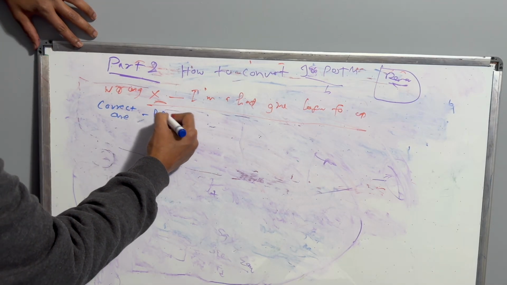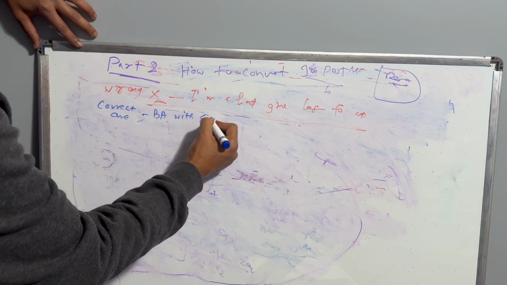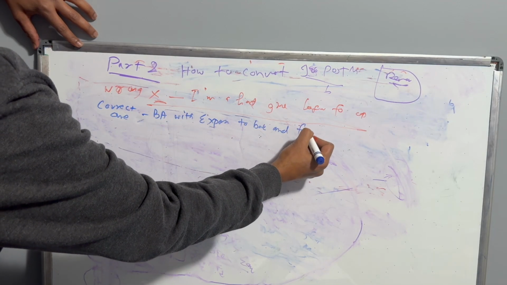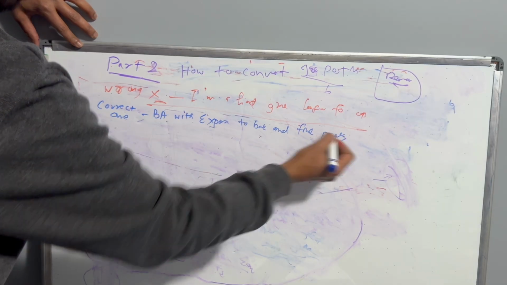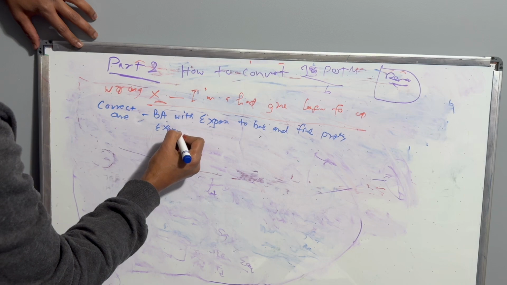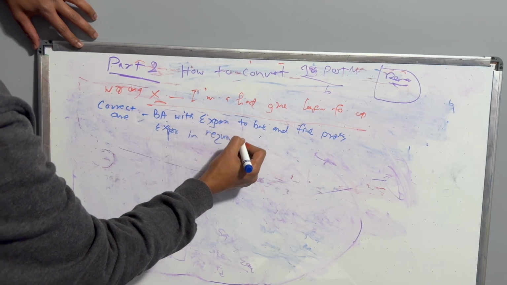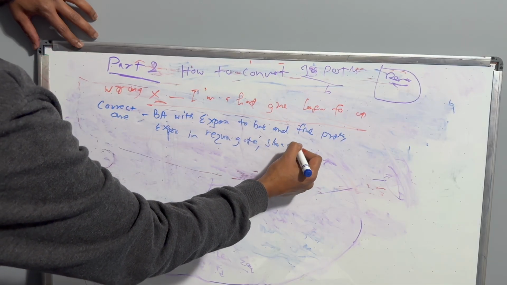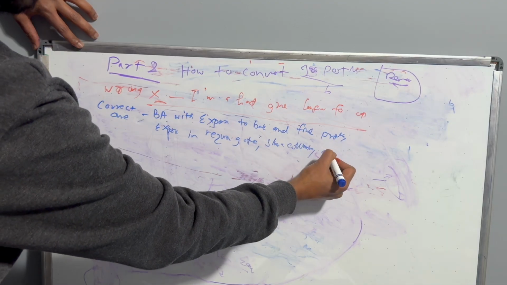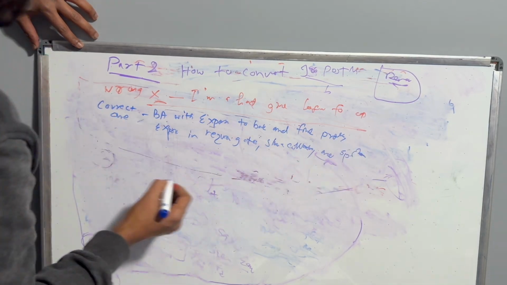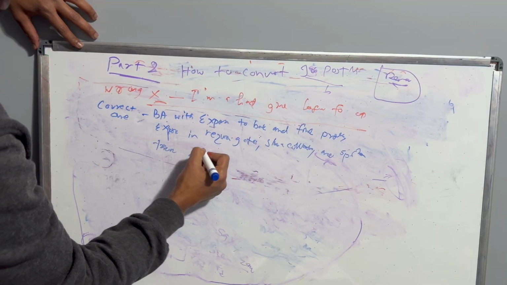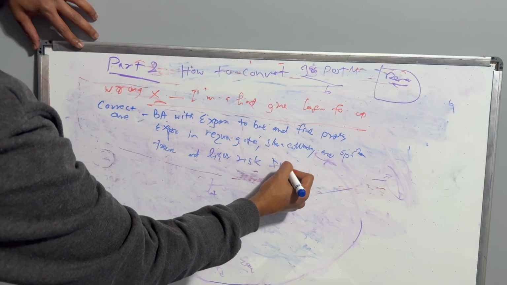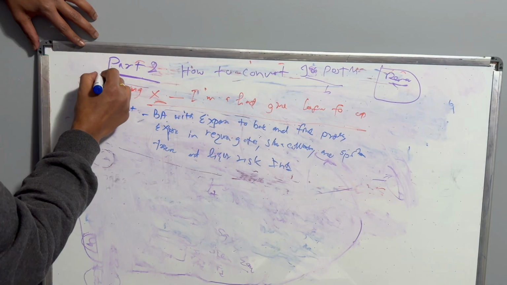So BA with exposure to banking and financial products, experience in requirement gathering, stakeholder management or collaboration, and supporting treasury and liquidity risk initiatives. Okay, so this is your overview, right, about me.